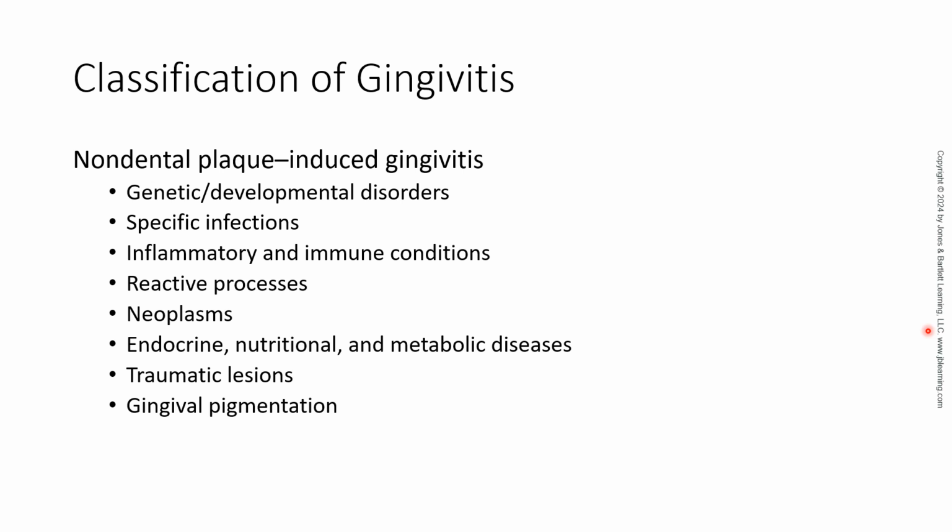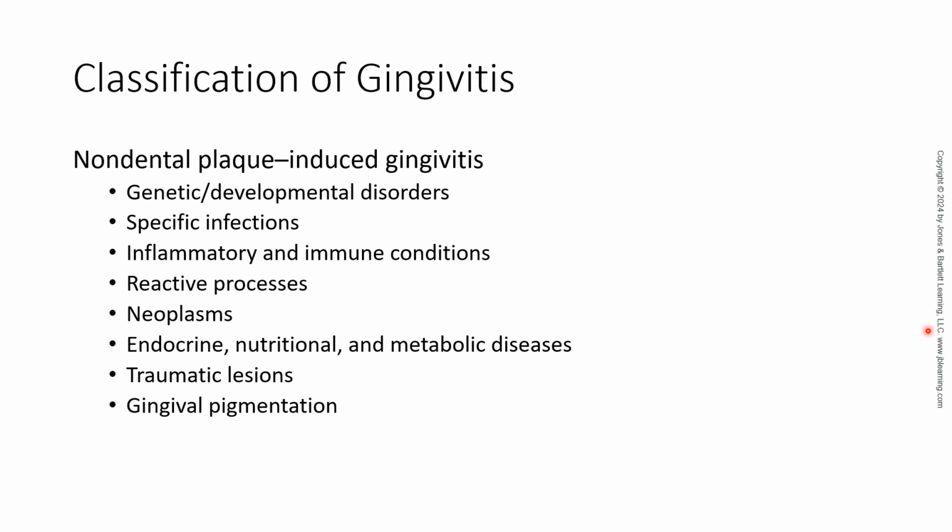Infections such as gonorrhea and syphilis can also cause non-plaque-induced gingivitis. Autoimmune diseases such as lupus, and reactive processes in response to local irritants or trauma, such as pyogenic granuloma, which is seen during pregnancy.